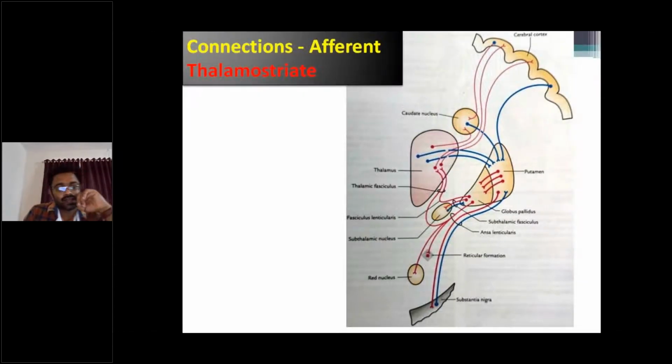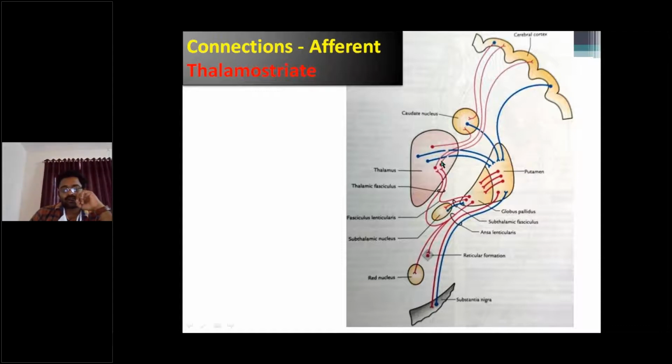Next, thalamostriate. Afferent connections, number 2, thalamostriate. In this one, this is the thalamus. The fibers arise from thalamic nuclei and terminate in the caudate nucleus, and some fibers also terminate in the putamen.